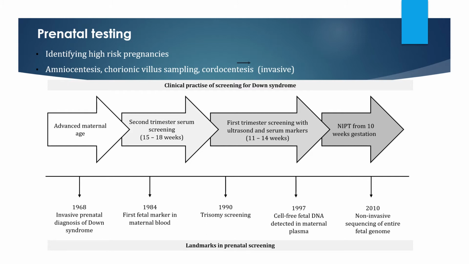In this picture, for example, you can see the timeline of prenatal testing of Down syndrome, with the very first diagnostics happening in 1986, which was really invasive, towards 2010, when we already have prenatal testing based on blood sampling.